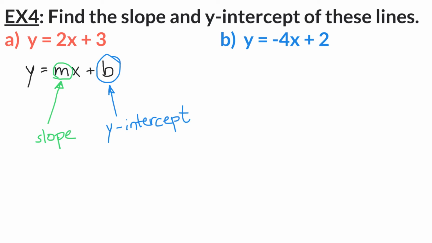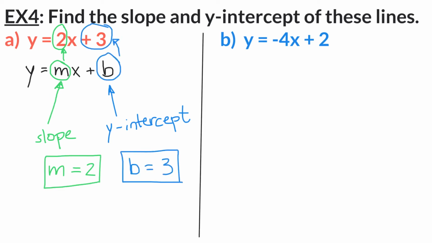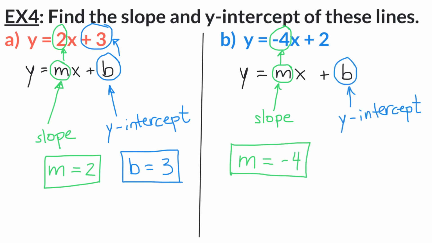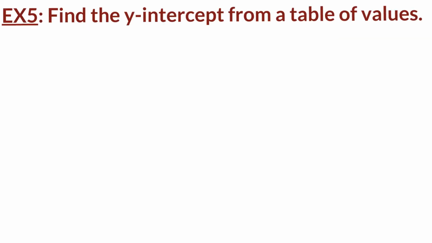In this case, the slope is the number before x, which is 2, and the y-intercept is 3. In example B, you can see the slope is the number before x, which is -4, and the y-intercept is 2. For the last example, let's use the table of values to find the y-intercept.